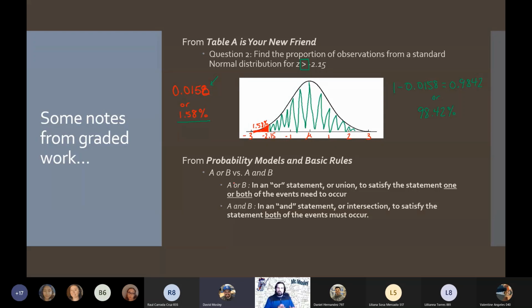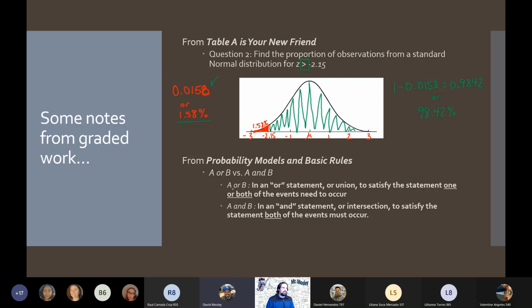In these areas of math, or is inclusive. When you're between two things, one set and another set, one event and another event, and the word or is connecting them, that means you can be in one or the other, and you've satisfied the statement. It is true. It is good to go.